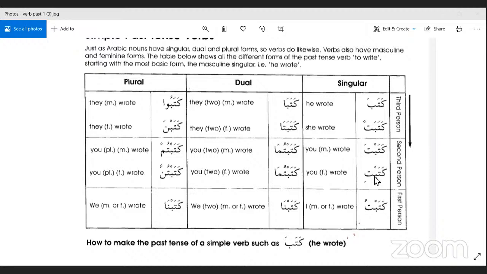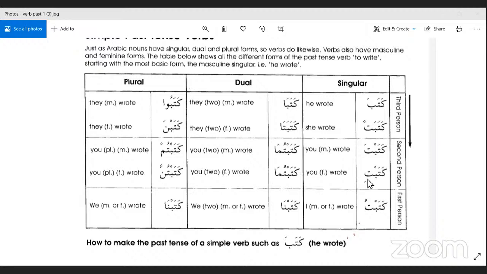Katabti. So anti is the pronoun. It's not hidden; it's shown with the ta with the kasra, katabti. So anti, katabti, is for a singular feminine second person, and the translation will be you, one female, wrote.